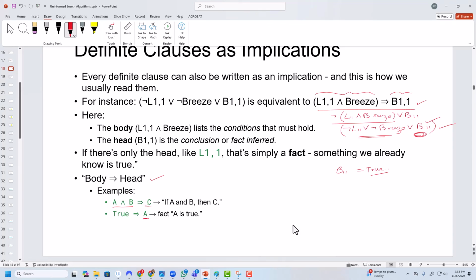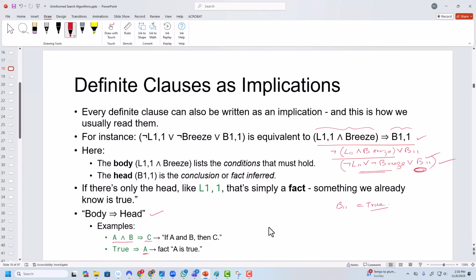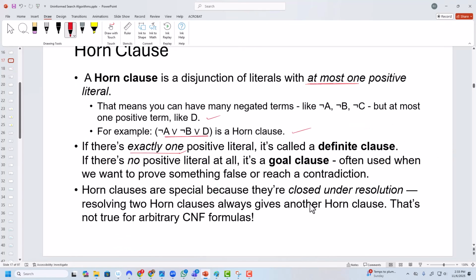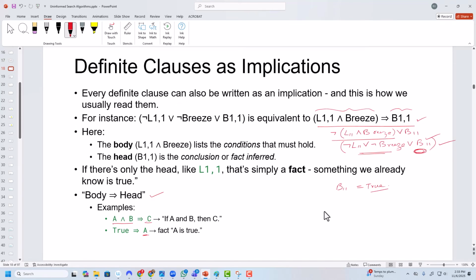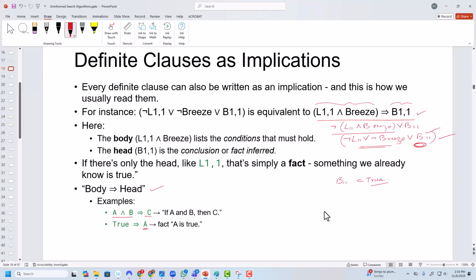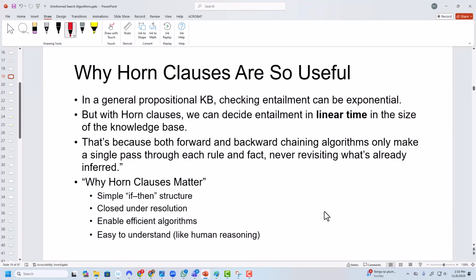They are closed under resolution: when two Horn clauses are resolved, they always give another Horn clause, which is not true for CNF formulas. They also enable efficient algorithms, forward and backward chaining, which only make a single pass through each rule, and that makes the cost much lower.